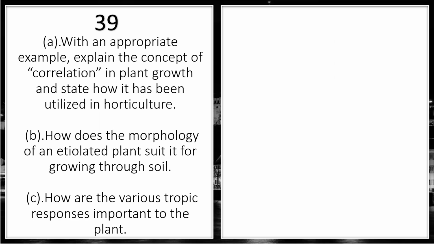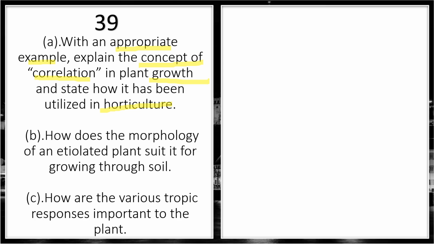Question 39. With appropriate examples, explain the concept of correlation in plant growth and state how it has been utilized in horticulture.